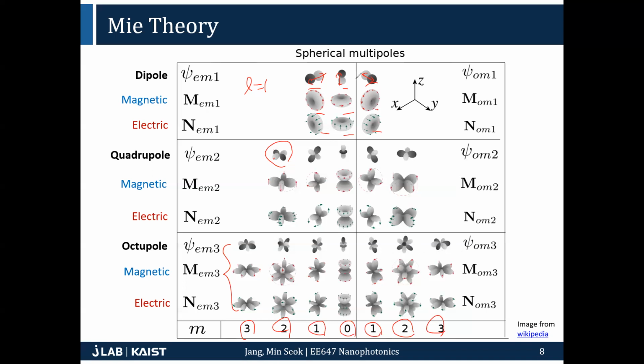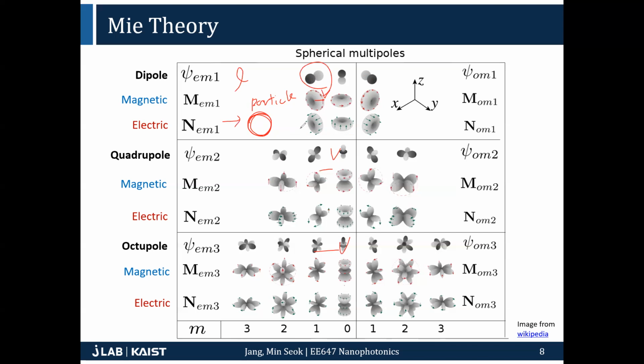So basically, if you have a particle here, your scattered field is a linear combination of these components. And as L increases, your emission pattern becomes more and more complicated. But what usually happens is that in the typical case, dipole components dominate.